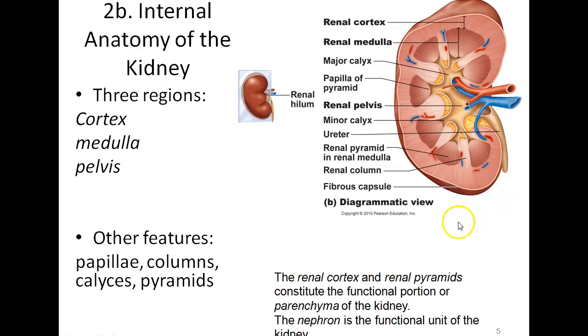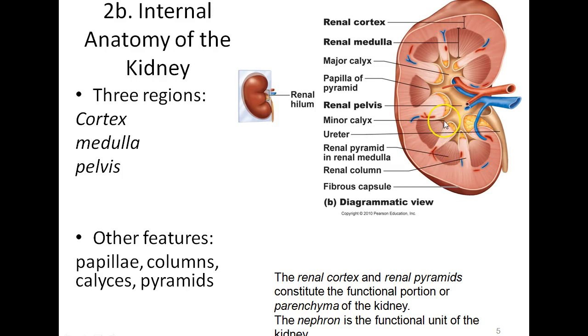In a more in-depth feature, we see that the structures inside this kidney include such things as papilla. Here's an image of a papilla. In our root words, papilla means nipple, so perhaps you can see a nipple-like feature in there. Also, we have pyramids, so perhaps you see pyramid-like structures in there.